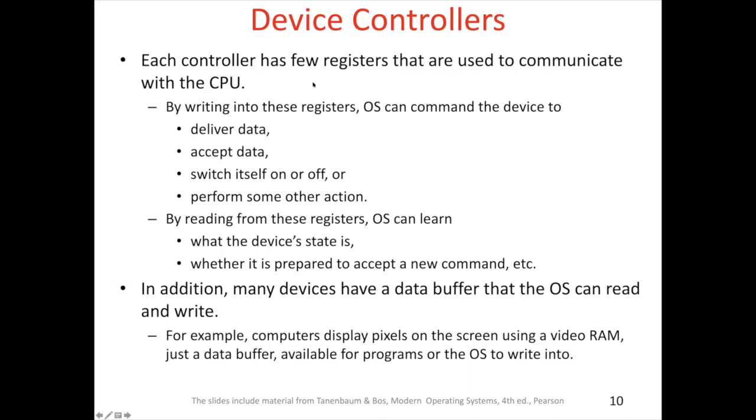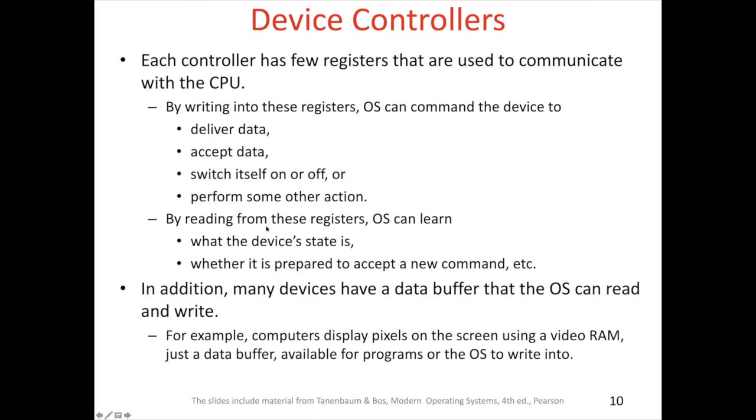Each controller has a few registers that are used to communicate with the CPU. By writing into these registers, the operating system can command the device to deliver data, accept data, switch itself on or off, or perform some other action.